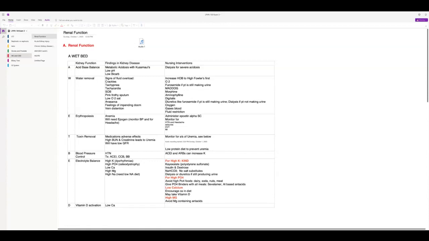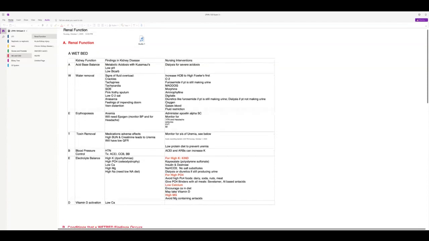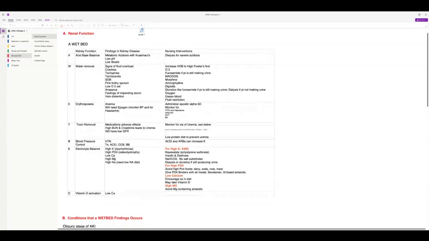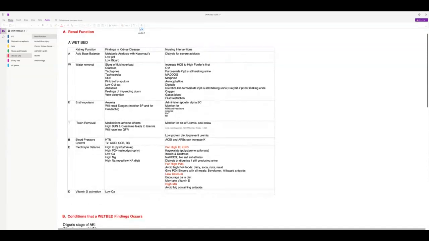You're going to watch for those signs of fluid overload, because if the kidney's not putting out urine, it's staying within the body, okay? And they could get fluid overload. They also could get signs and symptoms of uremia, which I'll talk about. They're going to need a low protein diet to prevent uremia.